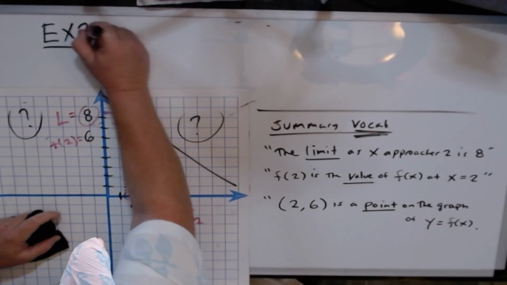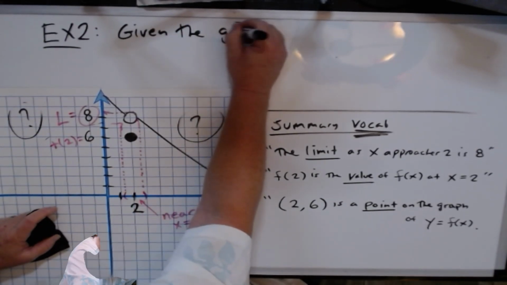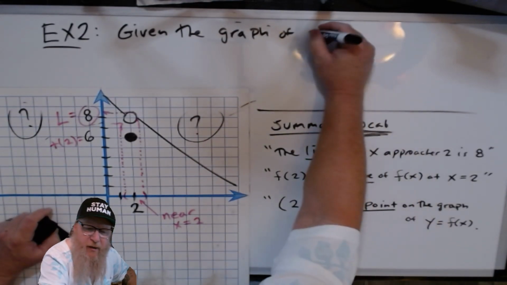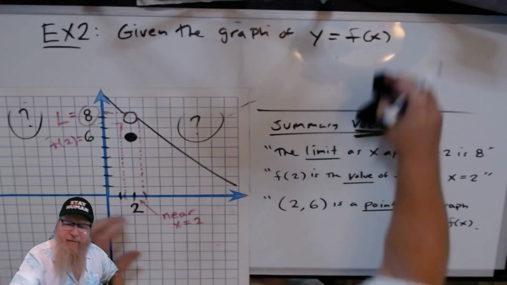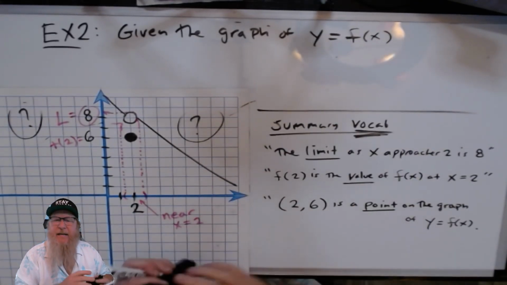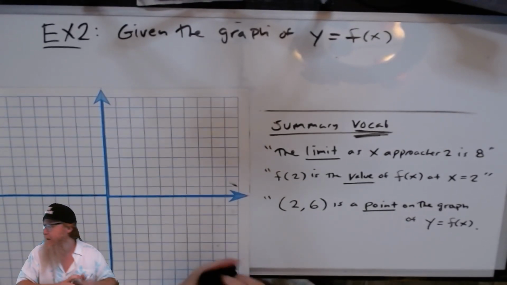Okay, so example 2, suppose we're given the graph of the function y equals f of x. So when we're given a graph, we assume that all of the information that we need for that particular problem is shown in the graph.